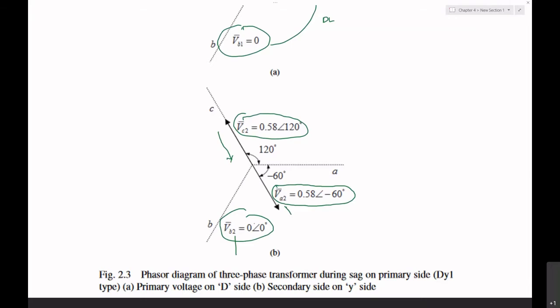Only if you measure the primary side voltage can we give clarity on what kind of fault has occurred in the system.